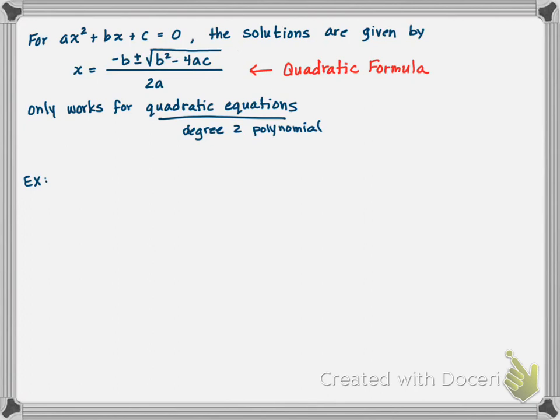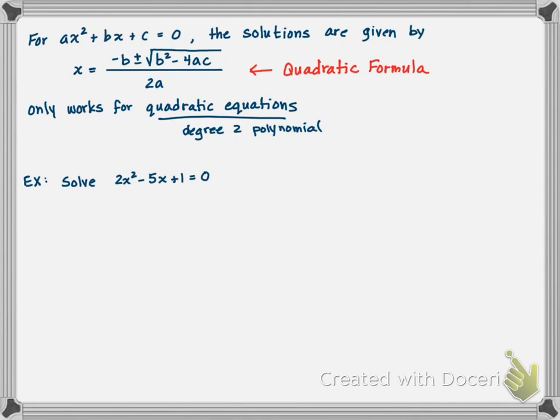So let's solve that one I just gave you. Solve 2x squared minus 5x plus 1 equals 0. So first thing I make sure of is that I have a 0 on one side and that this is indeed a degree 2 polynomial, so the highest exponent is 2.